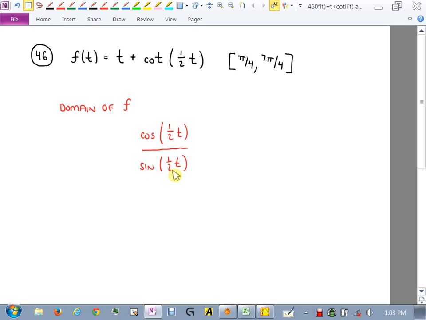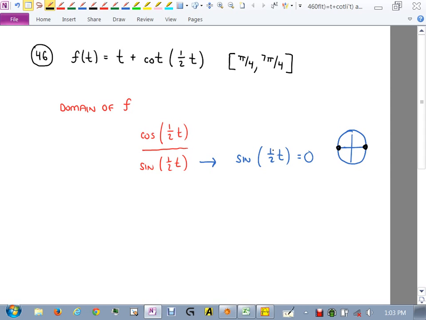So let me see here. When would this possibly be 0? When does sine of 1/2 t equal 0? So then you go to your unit circle and you say, when is the sine function 0? At what angles? 0 and pi, right?